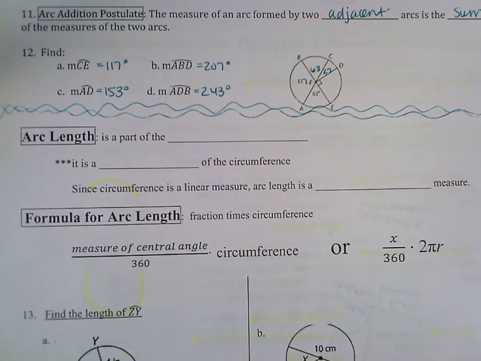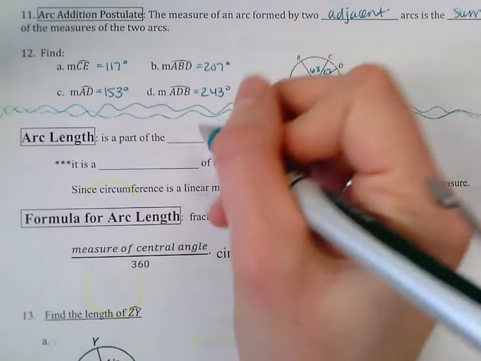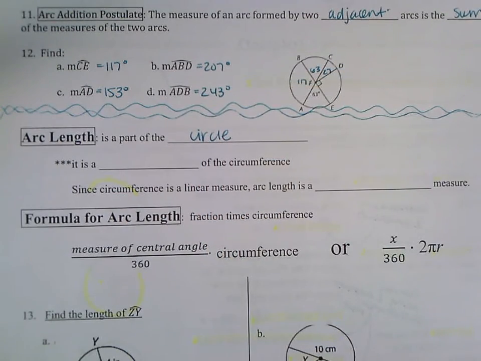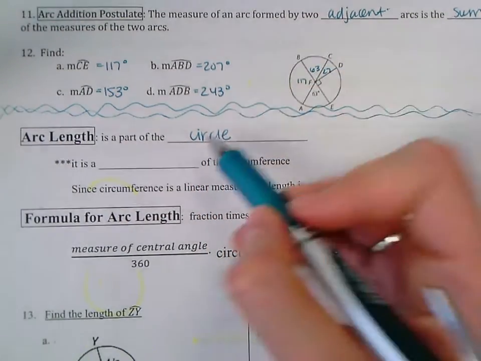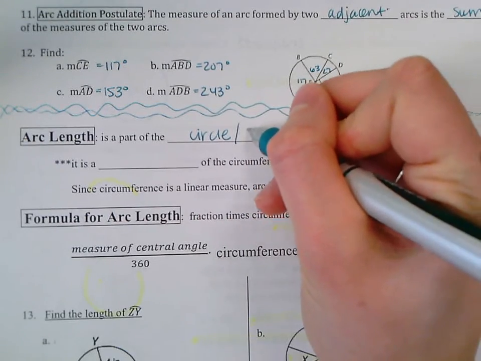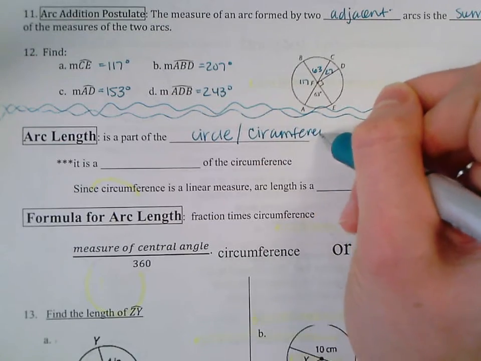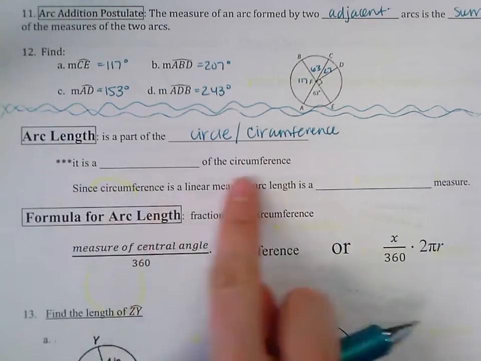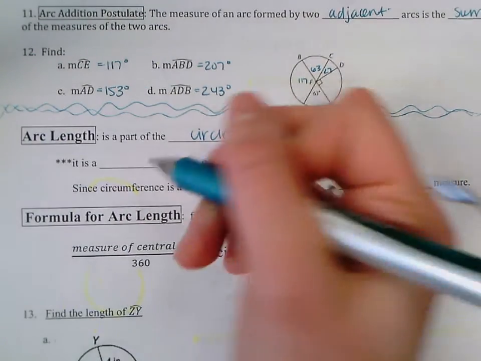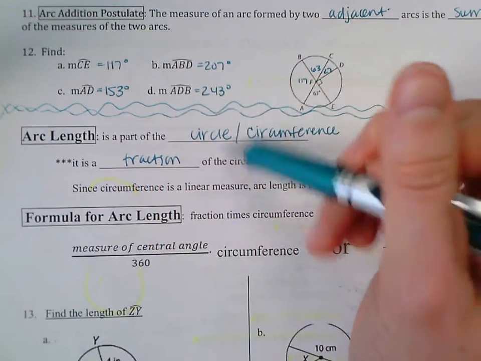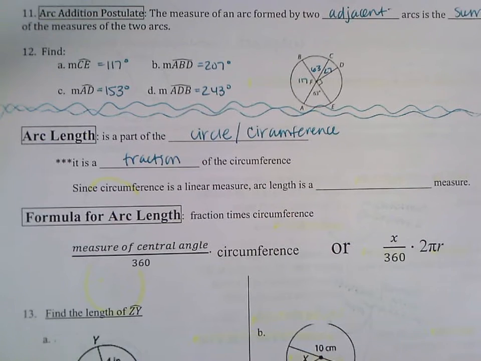So an arc length is a part of the circle. You could also say it's a part of the circumference. So I do have underneath that it's a fraction of the circumference, which I know is kind of saying the same thing, but it's part of the circumference. It's a fraction of the circumference. It's a length around.